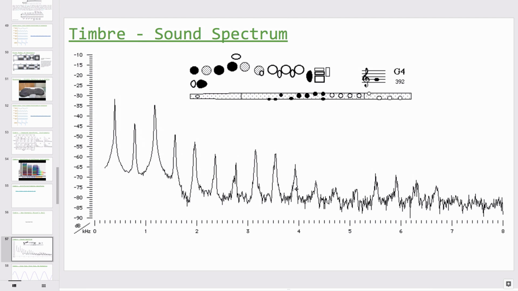And what Risset did was to recreate these by generating energy in a very similar pattern. For the bell, he analyzed the bell and then used oscillators and digital audio to generate energy at these different areas and have them change over time as well, to recreate those sounds.